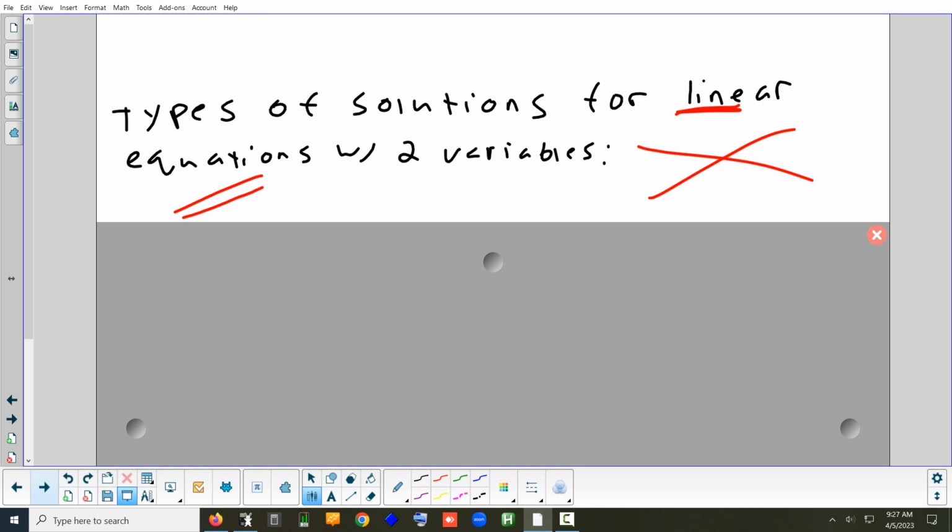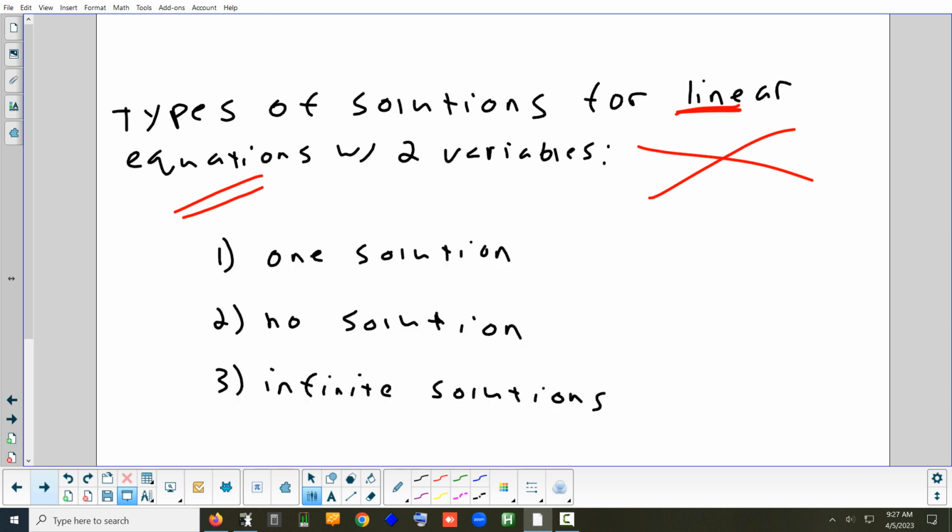They could be overlapping. They could be the exact same line. So those are the 3 things that can happen. One solution, the lines cross in an X shape. No solution would mean if you tried to draw it out, you'd get parallel lines. And infinite solutions means you have 2 lines that are right on top of each other.